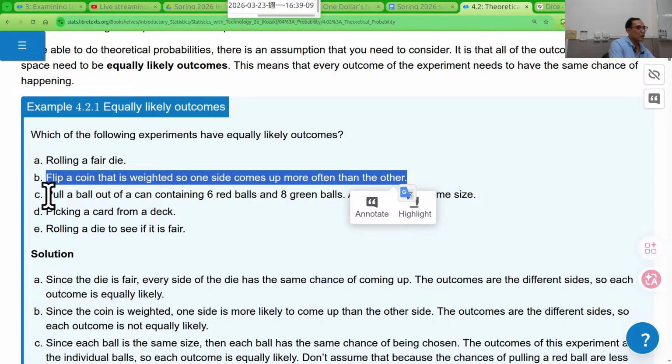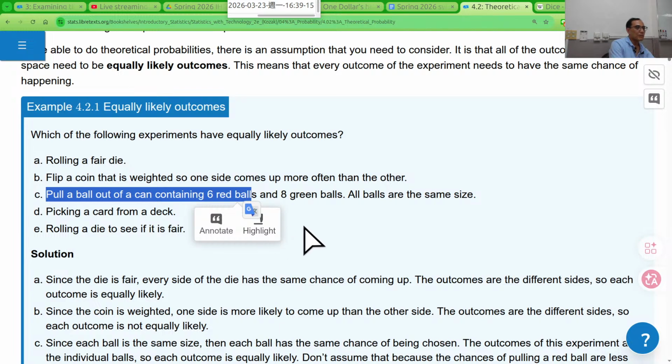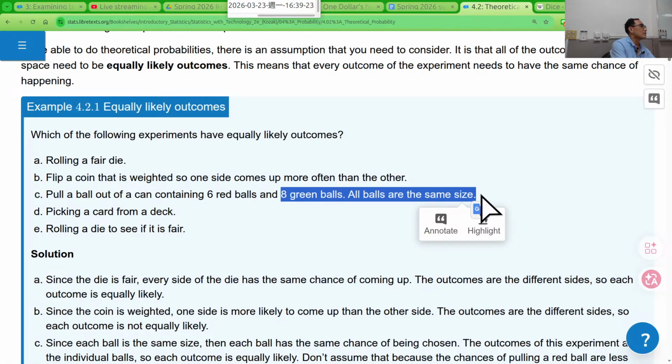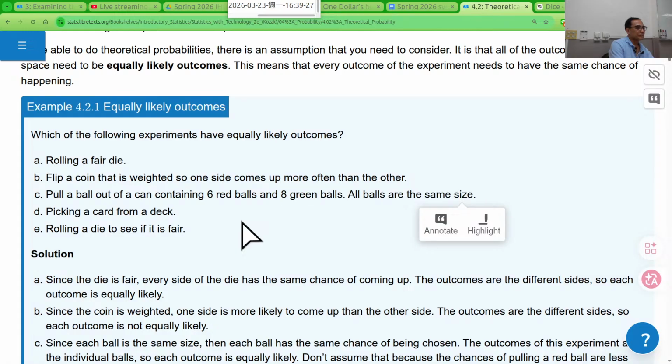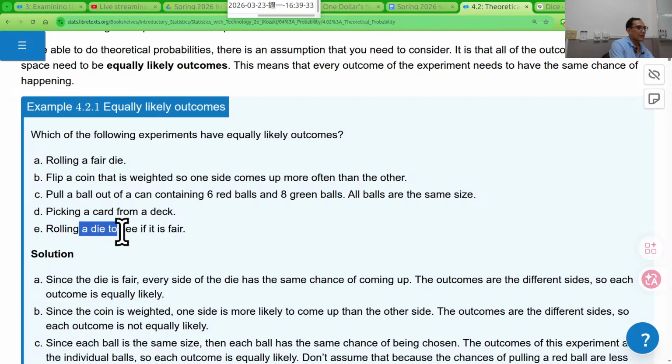Then, pick a ball out of a can that contains 6 red balls and 8 green balls, and all balls are the same size, maybe the same material. Picking a card from a deck, rolling a die to see if it is fair.